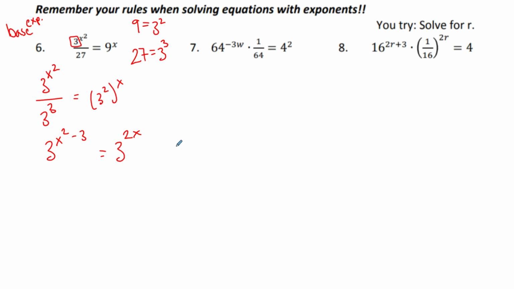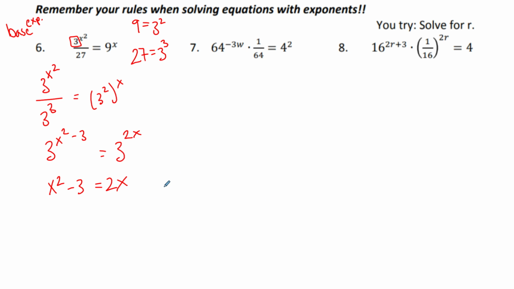Now, the nice thing about our equation now is since we have everything in base 3, we only have to worry about the exponents. In order to make this equation true, you need the exponents to be equal to each other. So really, we're just solving for the exponents here.